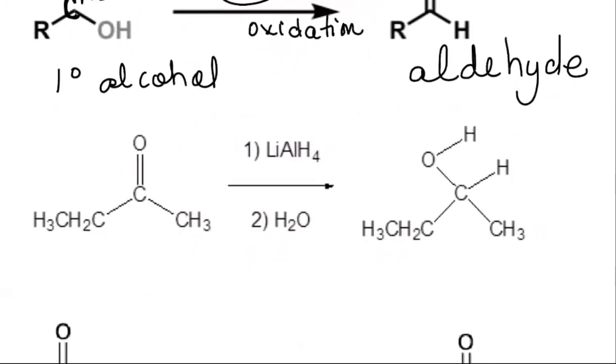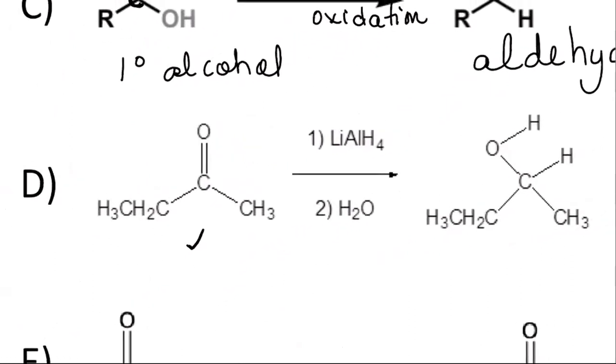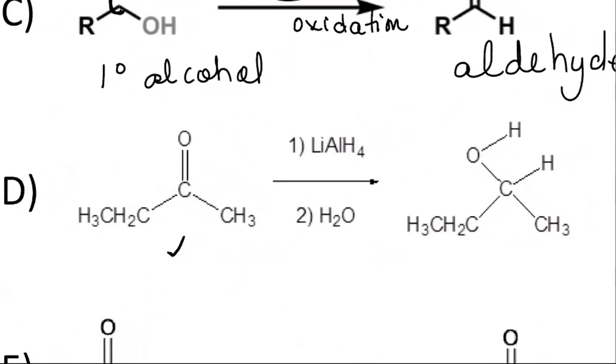Let me see if you guys are following. What is the functional group in the reactant for letter D? What is the functional group in that compound that I put a check mark on? Great.